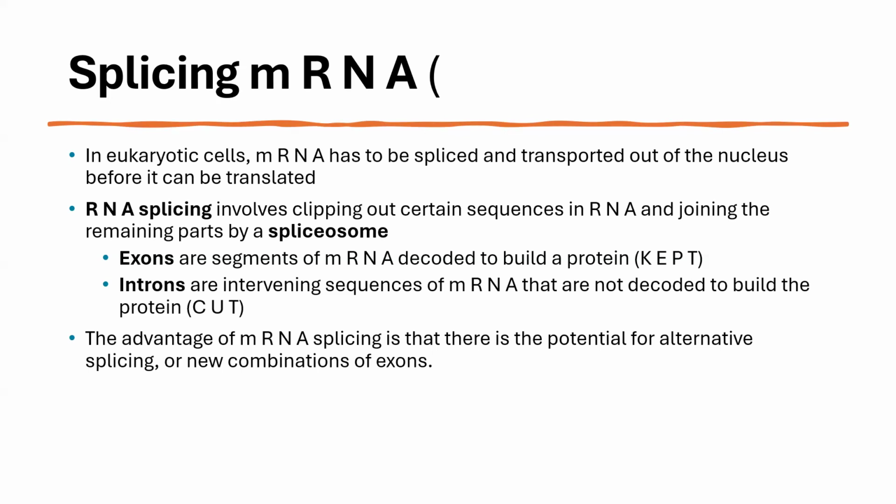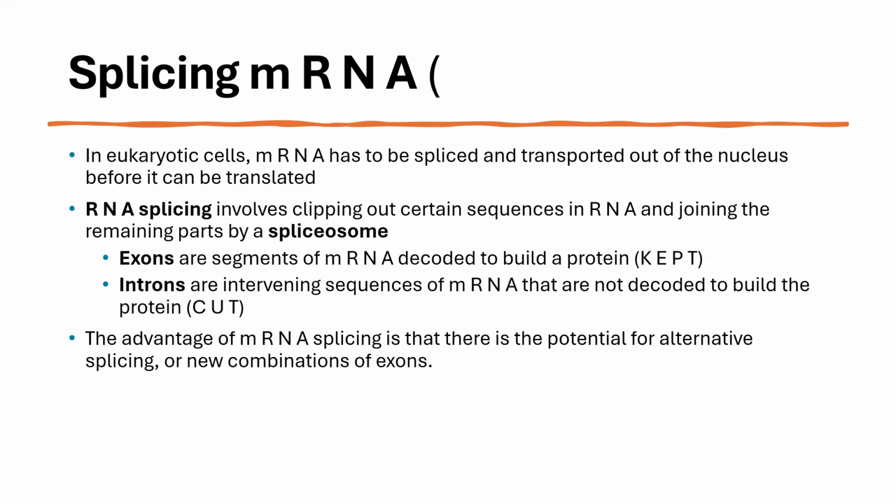You've got exons and introns. So when you transcribe out your gene, you're going to have exons and introns. And so the exons are segments of mRNA decoded to build a protein. And then introns are intervening sequences of mRNA that are not decoded to build the protein, right? So we keep the exons and we cut the introns.